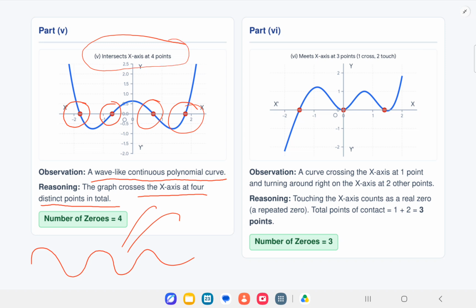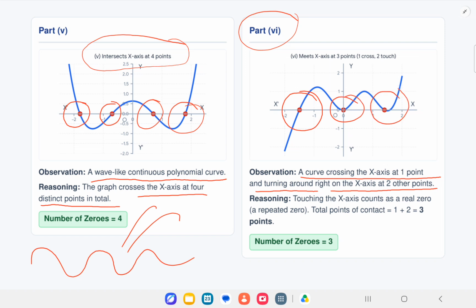Now in part 6, a curve crossing the x-axis at one point and turning around right on the x-axis at 2 other points. Okay, a curve crossing the x-axis at one point, ये यहाँ पर इसको टच कर रहा है नेगेटिव साइड में, and turning around right on the x-axis at the other 2 points. उसके बाद में एक ये ओरिजिन पर टच करता है और ये दूसरा पॉइंट ये रहा जहाँ पर ये टच करता है.